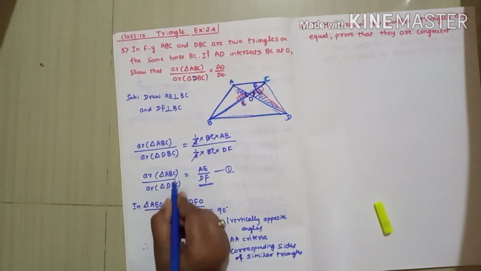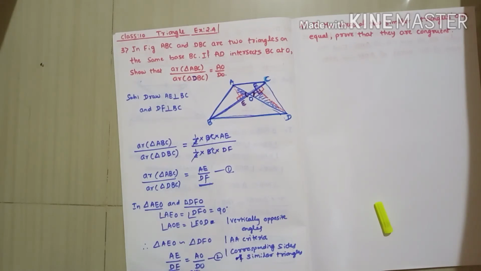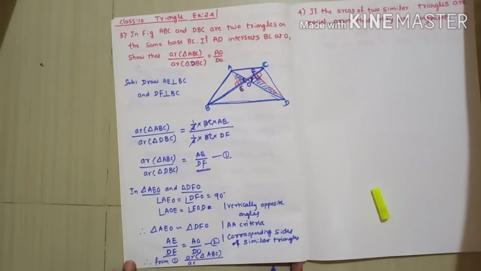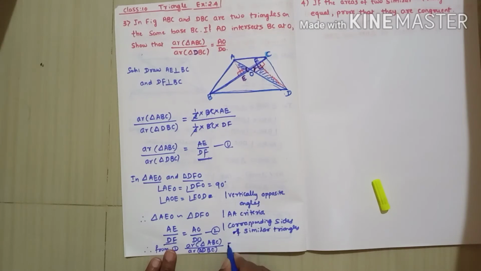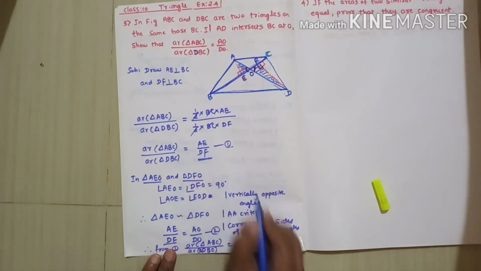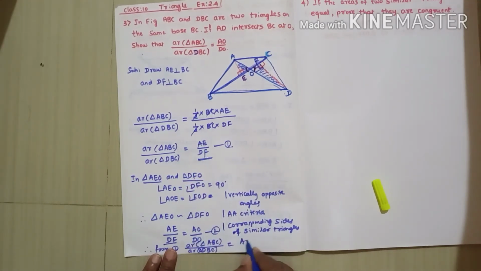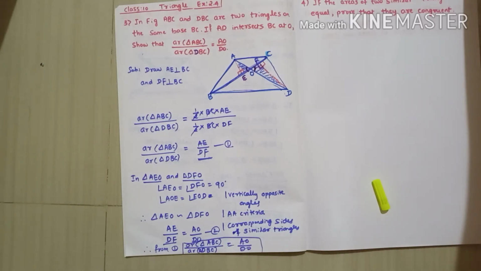From 1, this one as it is, you have to write area of triangle ABC divided by area of triangle DBC is equal to, in place of AE and DF, I will write AO by DO. This is the result we want to prove. Like this we have to write it.